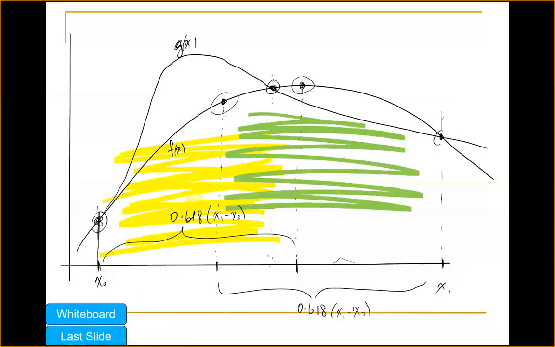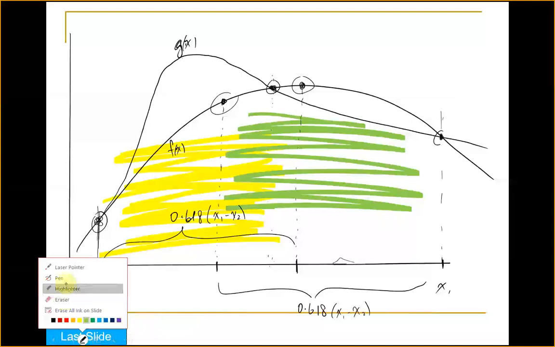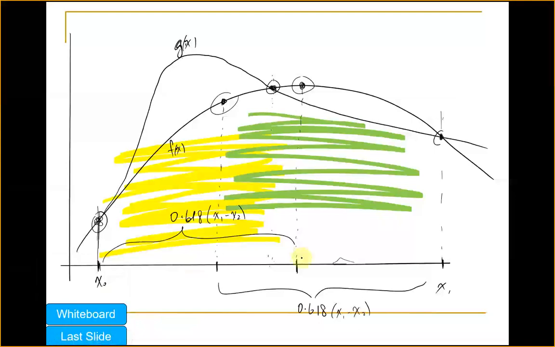Okay, let's write out the labels so you can tell me what you call x1 and x2. Let's call this x0, this x1, this x2 and x3.